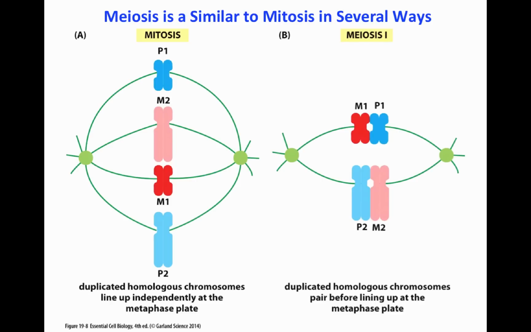But during meiosis 1, the cells that are going to inherit DNA will inherit only one of the homologous pairs, either one maternal chromosome on the left or one paternal chromosome on the right. And that is going to be randomly generated.